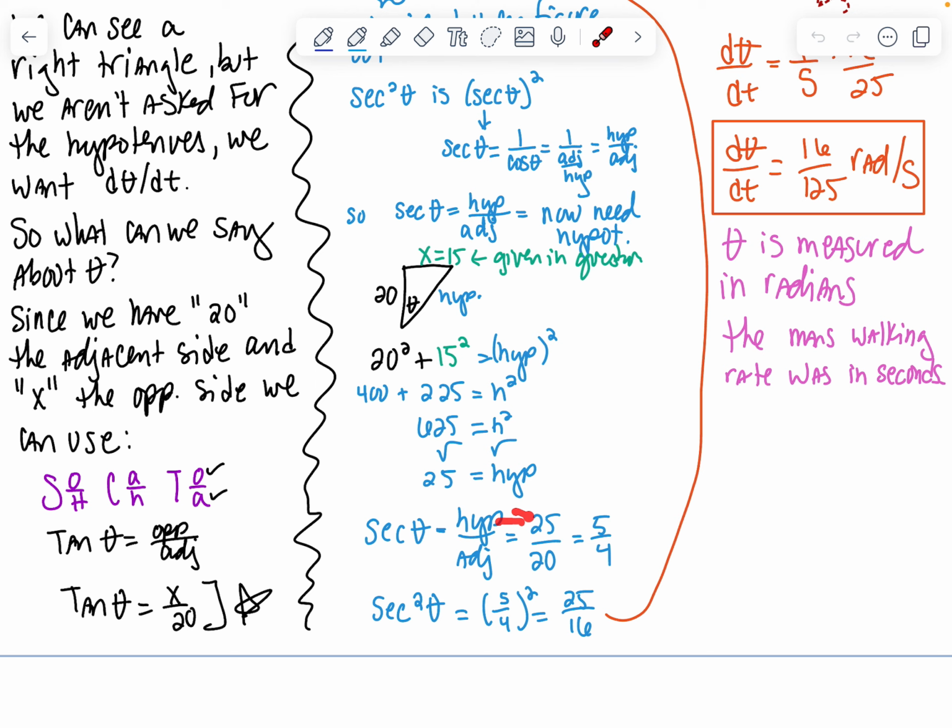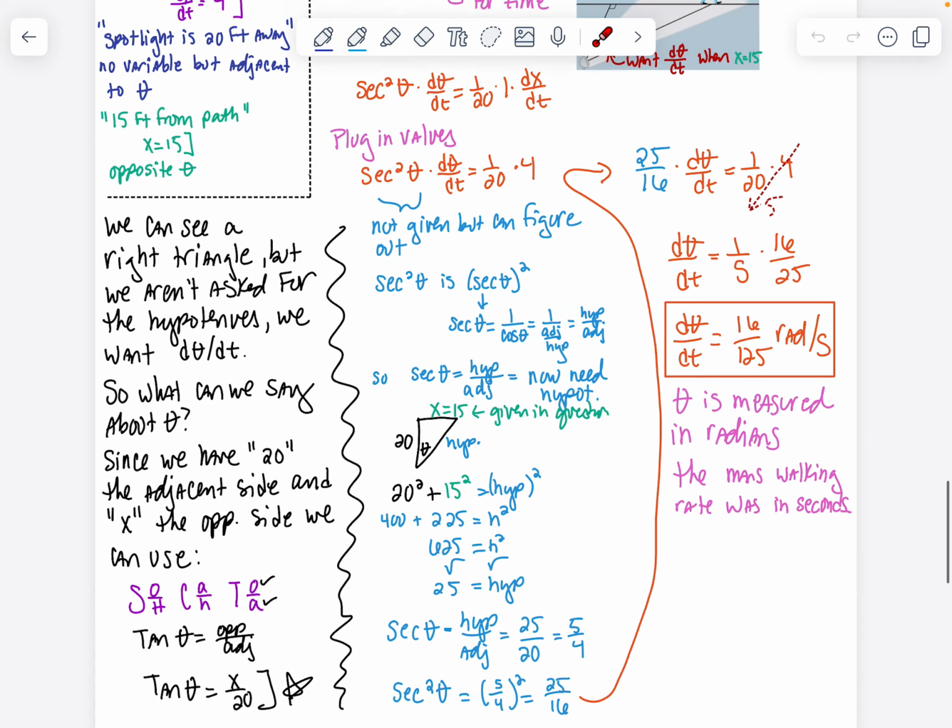Coming back to the secant of hypotenuse over adjacent, the hypotenuse we just found to be 25. The adjacent was given to us in the question as 20. And if I divide top and bottom by 5, I can simplify this to 5/4. So the secant of theta is 5/4. But remember, we had secant squared of theta. So it's that 5/4 squared, and we have 25 over 16.